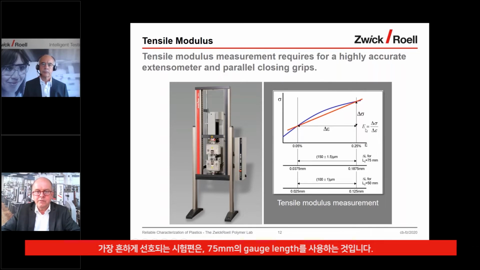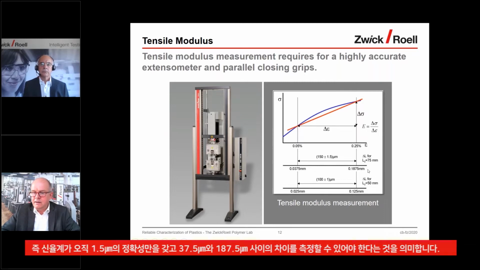The preferred specimen uses a gauge length of 75 millimeter, and this means that the extensometer must be able to measure the difference between 37.5 micrometer and 187.5 micrometer with an accuracy of only 1.5 micrometer.